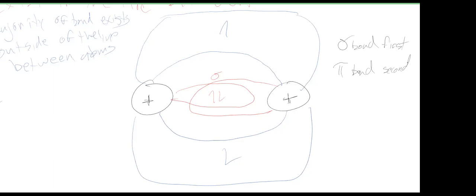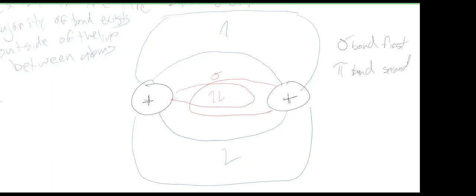So we have our sigma bond in the middle, and then we have a pi bond top and bottom. Is that the only pi bond that we can make? We also make the sigma asterisk and the pi asterisk bonds.